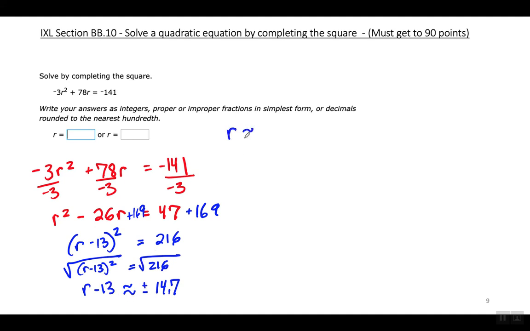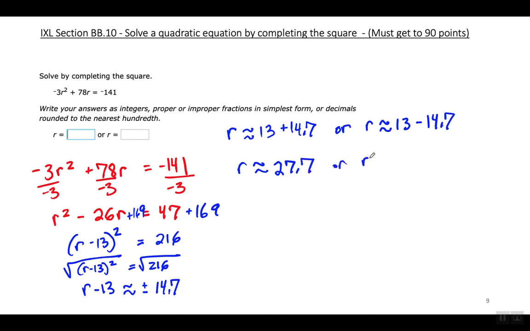So r is approximately positive 13 plus 14.7, or r is approximately positive 13 minus 14.7. For my first answer, r is approximately 27.7, or for my second answer, r is approximately negative 1.7.